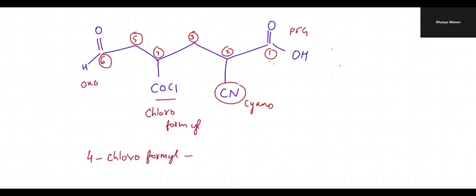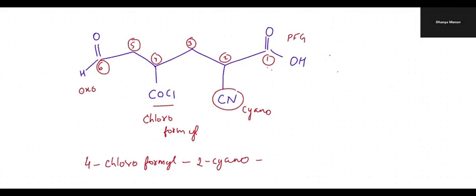Second position, I have cyano. There are 6 carbon atoms. So hex, all single bonds. So hexane, oic acid. So you may write hexane 1-oic acid or hexanoic acid also. It's up to you. Okay, I hope I'm clear here.